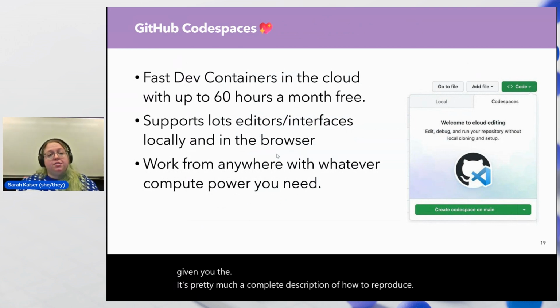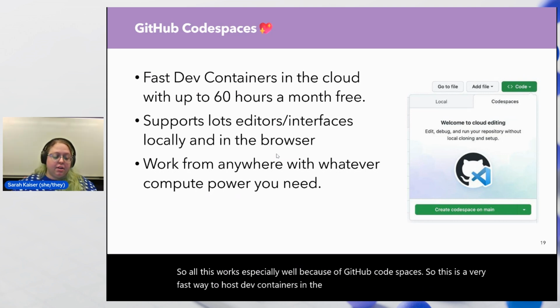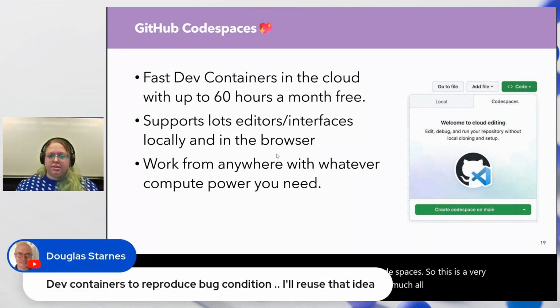All of this works especially well because of GitHub Codespaces. This is a very fast way to host dev containers in the cloud, and pretty much all GitHub accounts get some free allotment. I think it's around 60 hours right now of compute.